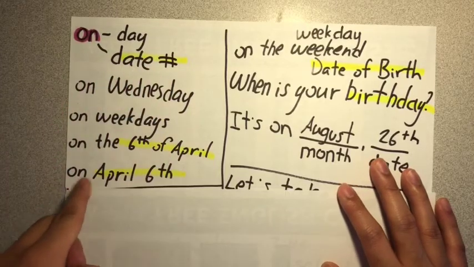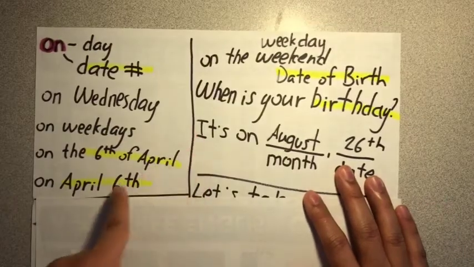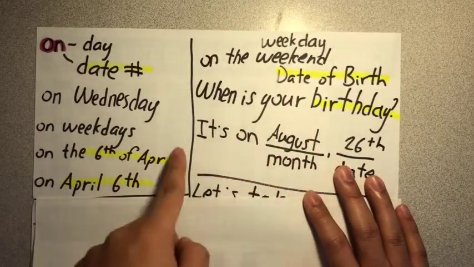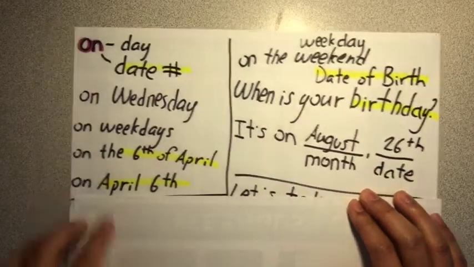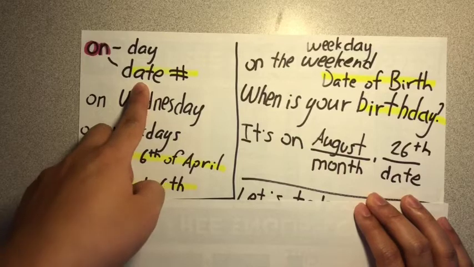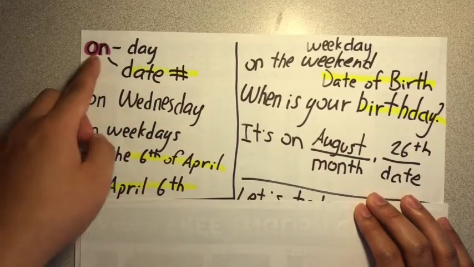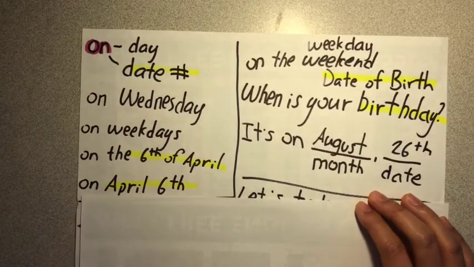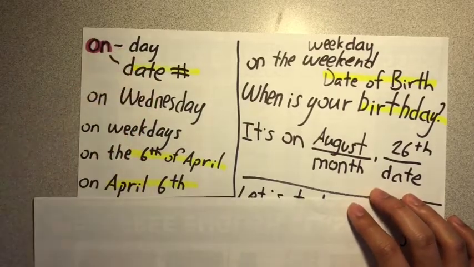So we say on April 6th. We ask questions like, when is your birthday? It's on the month and the date. The date today is April 12th. On April 12th, I am making your video. On. On is for day and date.